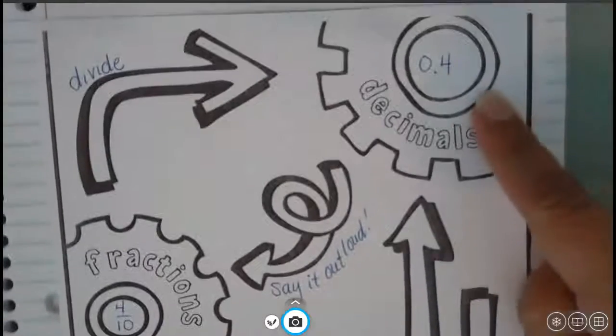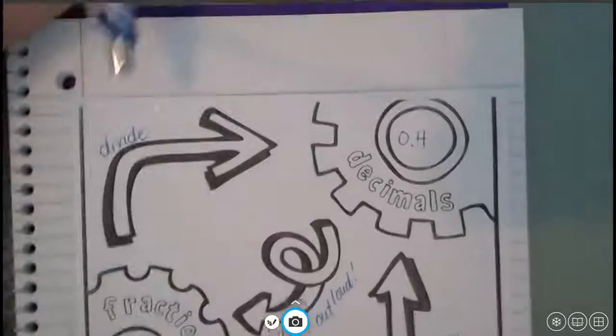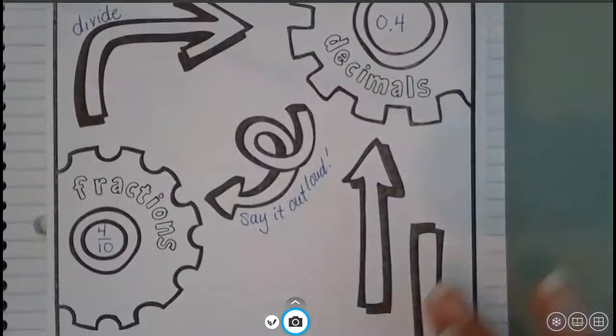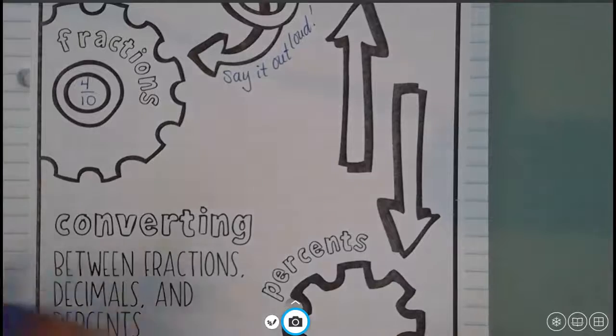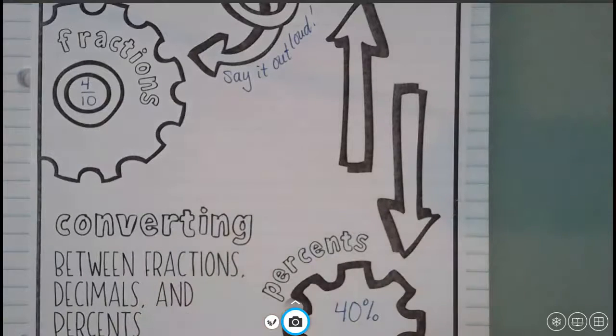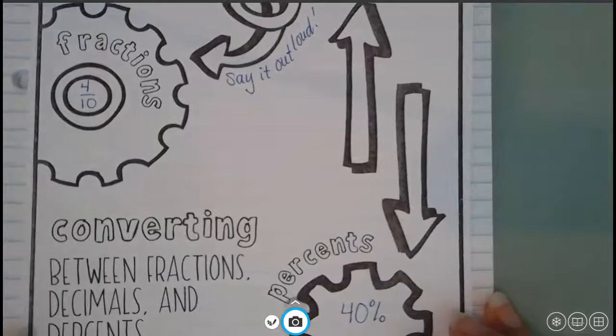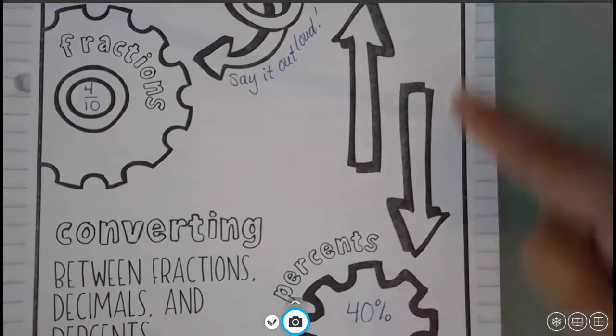We take the one up here, this decimal, and we're going to, let me adjust my camera slightly, and we take it from a decimal to a percent. So those of you that know what that percent would be, it would be 40%. Okay? So how do you get from a decimal to a percent?